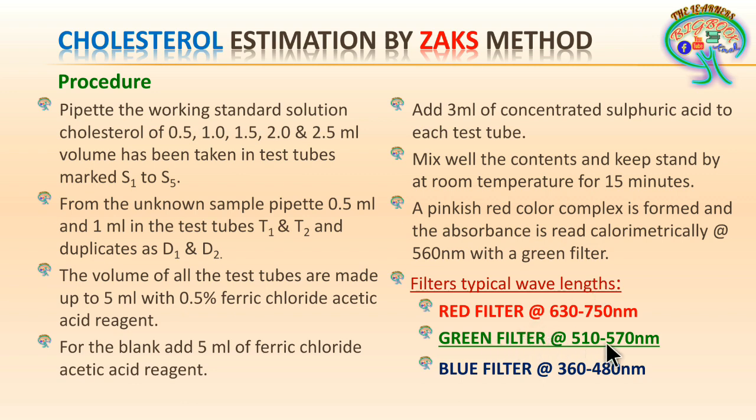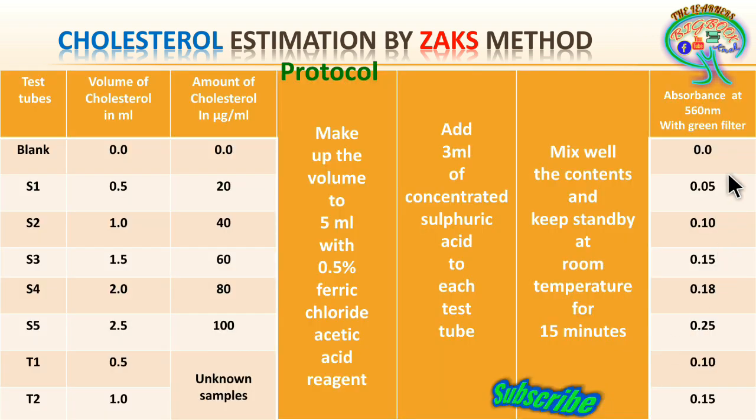Now after the absorbance is measured, the blank is set to 0, and after that we have got the absorbance at 0.05, 0.10, 0.15, 0.18, 0.25, and for the samples we got absorbances of 0.10 and 0.15.